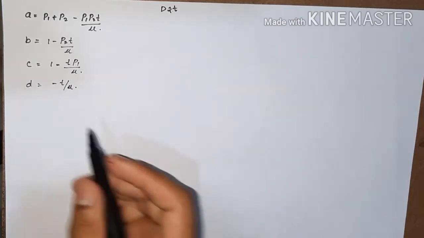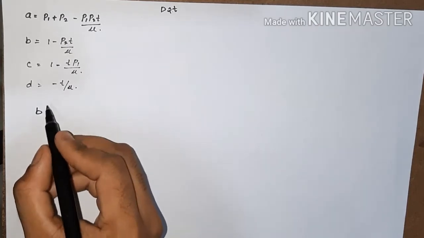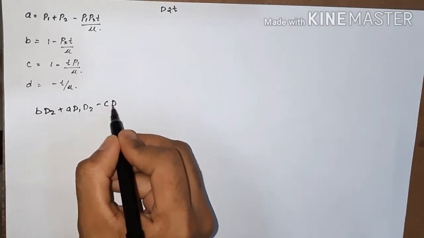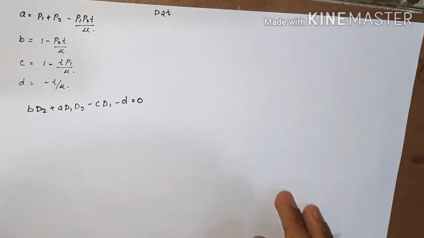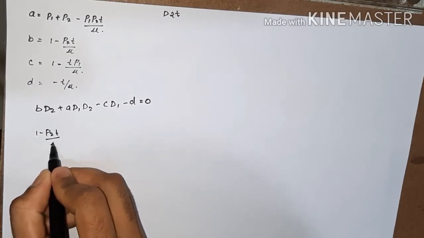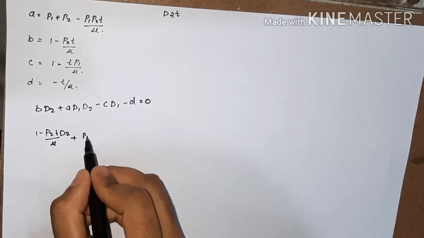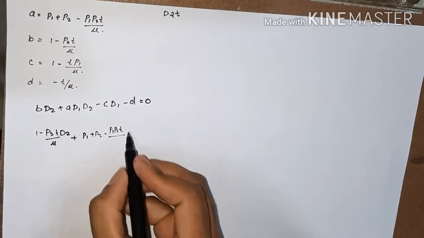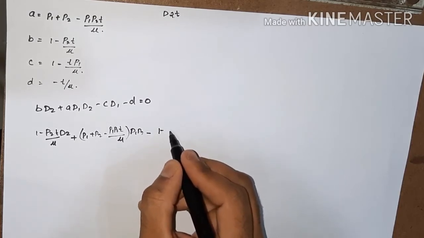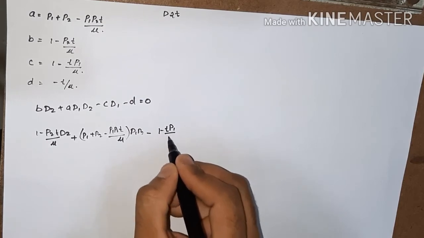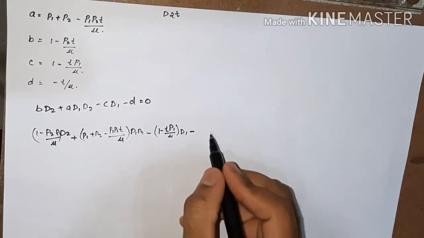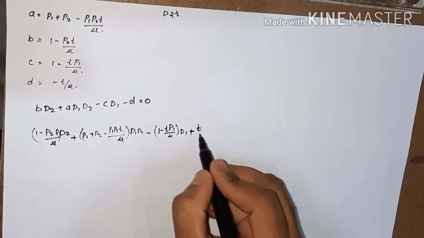Anyway, here I am taking the condition for image plane. The condition for image plane will be B into D2 plus A D1 D2 minus C D1 minus D. Substituting the values, we will get B (1 minus P2 T divided by mu) into D2 plus (P1 plus P2 minus P1 P2 T divided by mu) into D1 D2 minus (1 minus T P1 divided by mu) into D1, here this D2 is common multiply, minus of minus will be plus T by mu, is equal to 0.